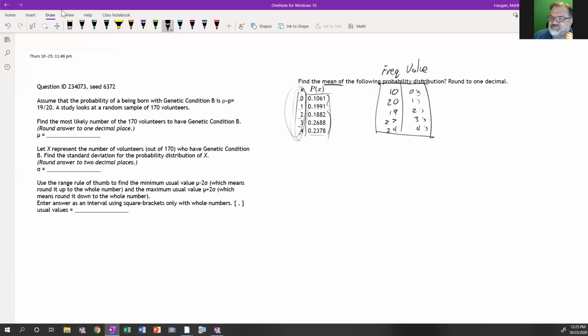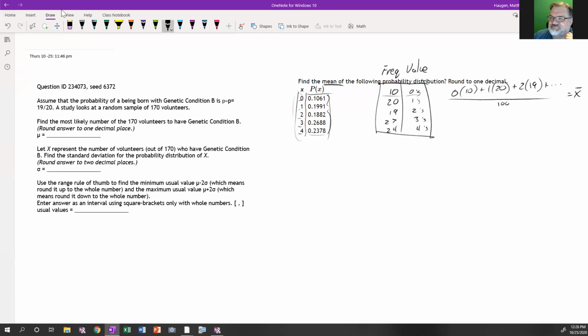And one of the ways we did that was to multiply the value by how often it occurs. So we could take that 0 times 10 and the 1 times 20 and the 2 times 19 and so on, and then divide by how many we had, 100, to find an average value. Well, we can do a very similar thing with a probability table.